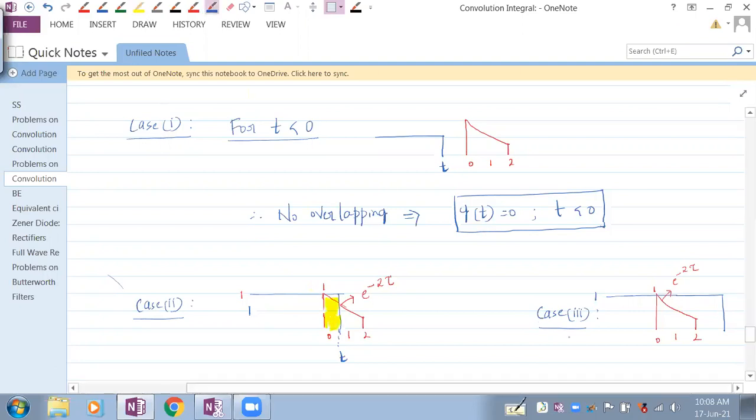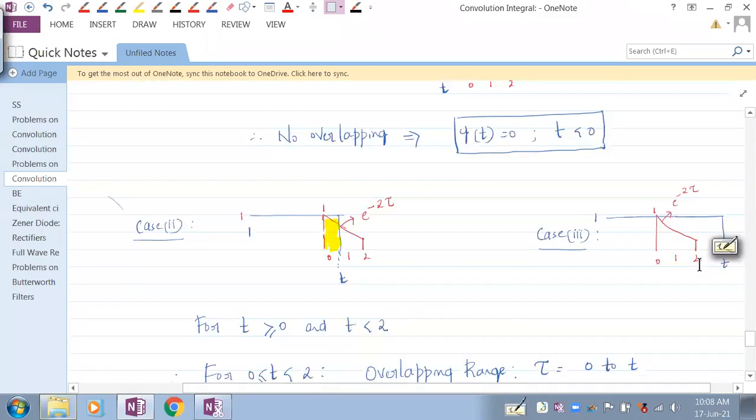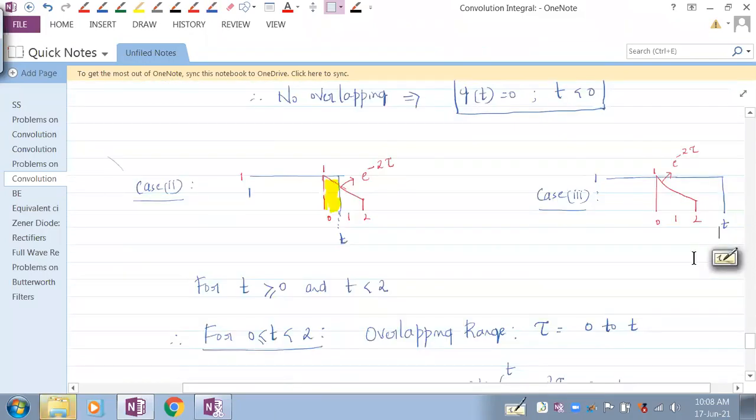Got that? Now can you tell me the overlapping range when this t is, I'm telling you, here now. So from where to where the overlap is, when t is greater than 2, is what we're looking at. So the overlapping range is 0 to 2. Good.